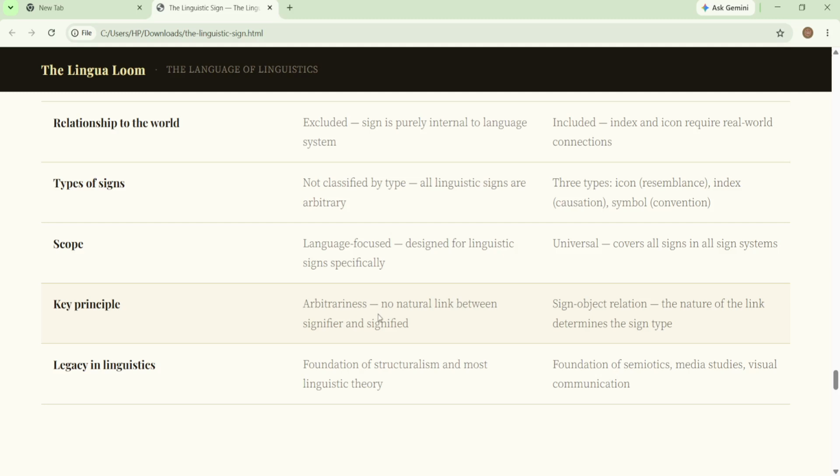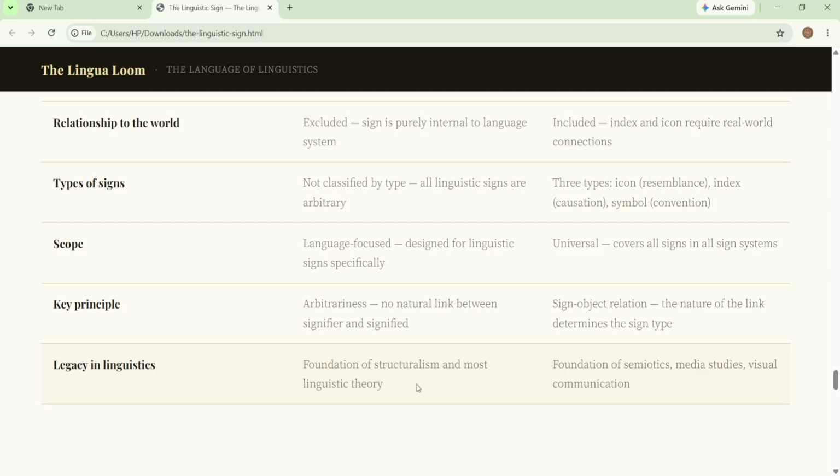The key principle in Saussure is arbitrariness, no natural link between signifier and signified, whereas Peirce's model is about the sign-object relation. The nature of the link determines the sign type.